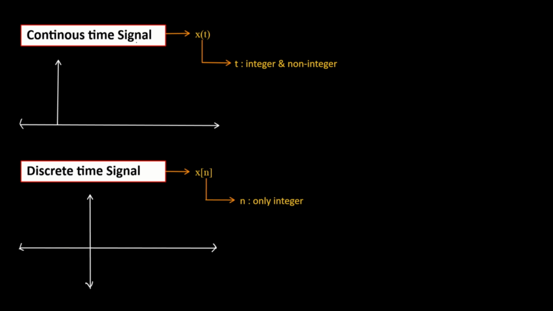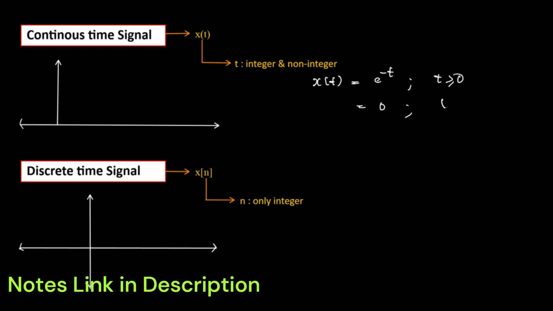Let us take an example: x of t is equal to e power minus t for t greater than or equal to 0, and 0 for t less than 0. We will understand this by drawing it here.